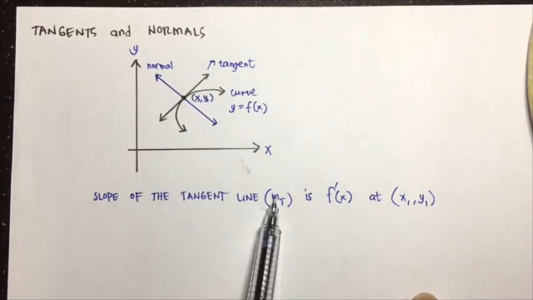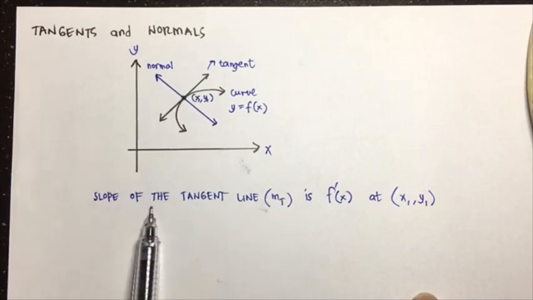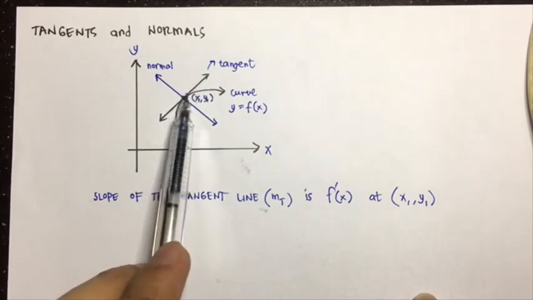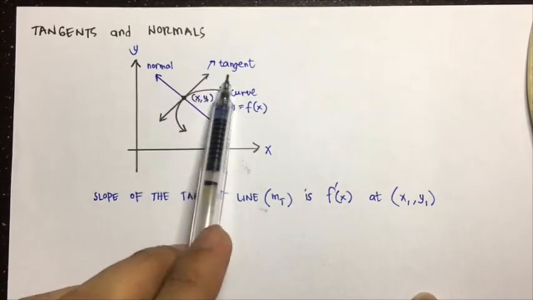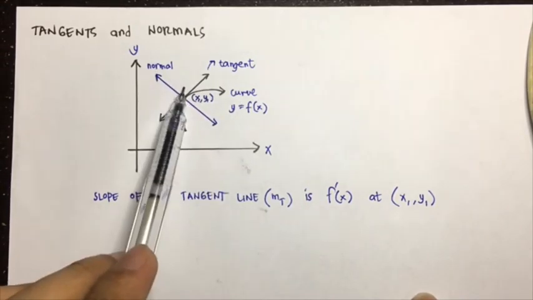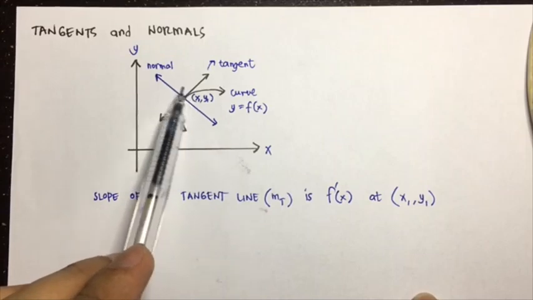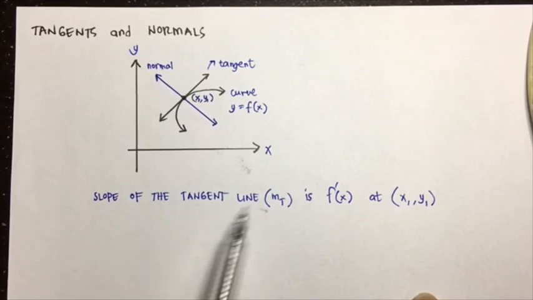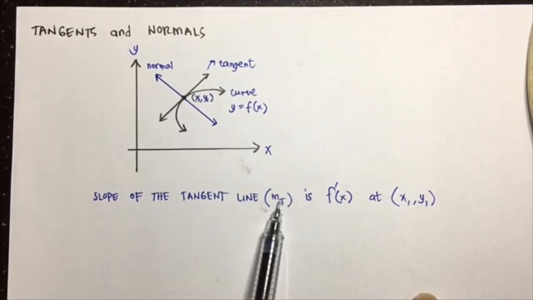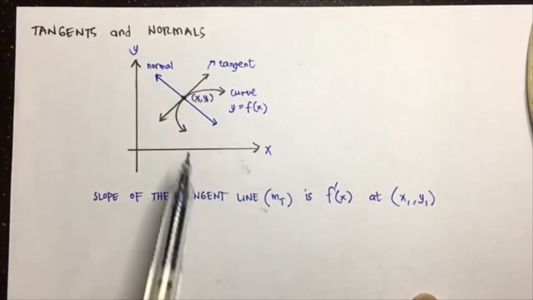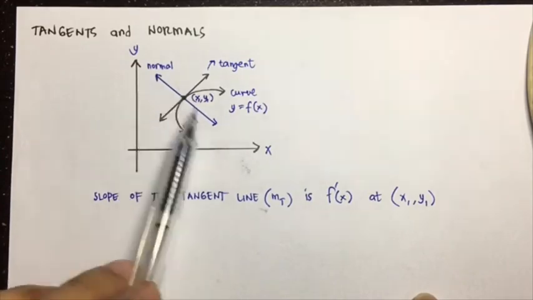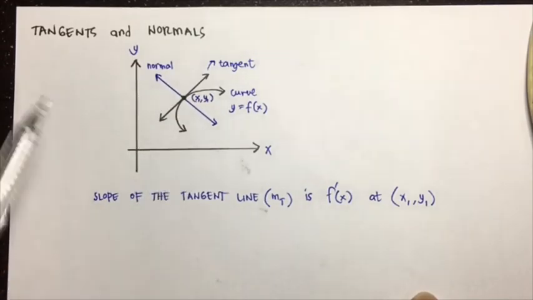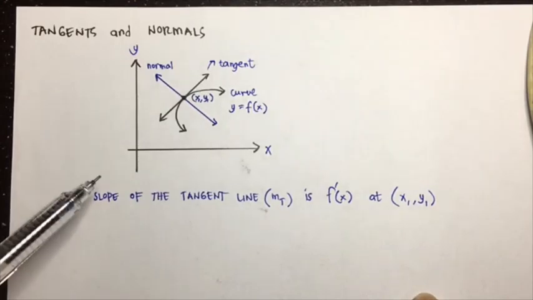For the slope of the normal line, since the tangent and the normal lines are perpendicular with each other, meaning the angle between them is 90 degrees, from analytical geometry let us recall that when we have perpendicular lines, their slope is the negative reciprocal of the other.